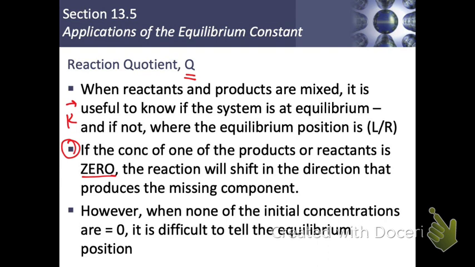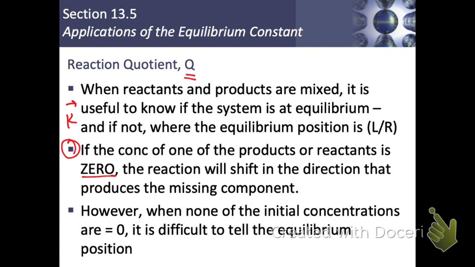So if my reaction starts out with only reactants, what's the only way it can go? To the right or to the left? To the right, right? It has to start producing products before it can reach equilibrium. If I start with only reactants, it has to go to the right and produce products.